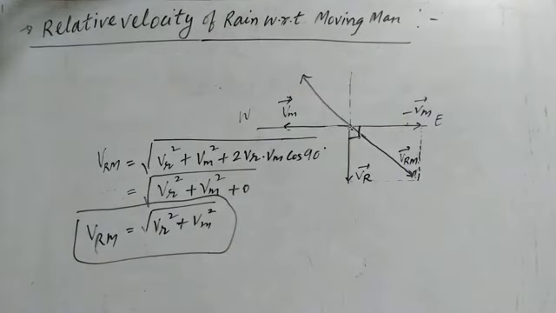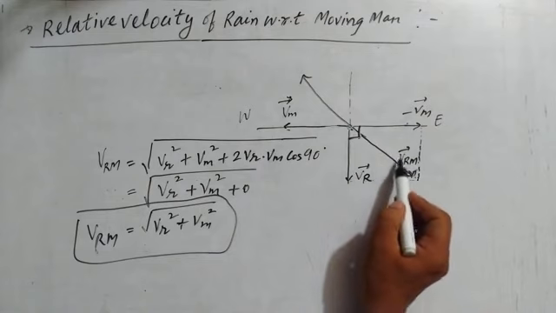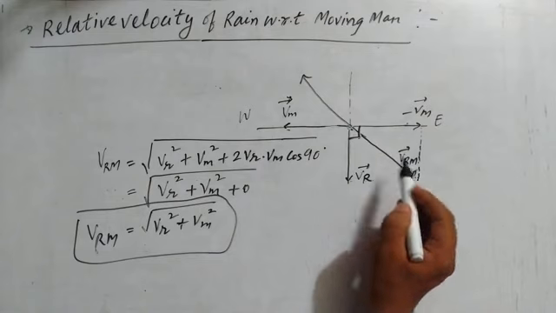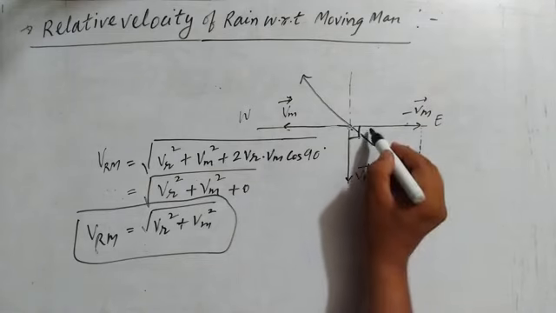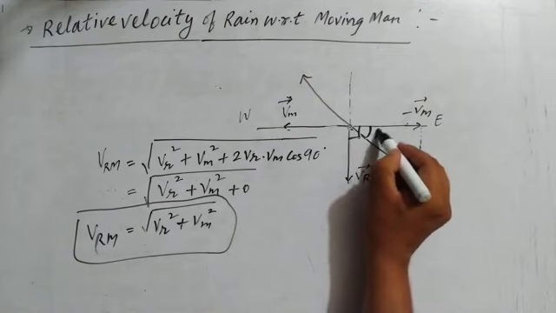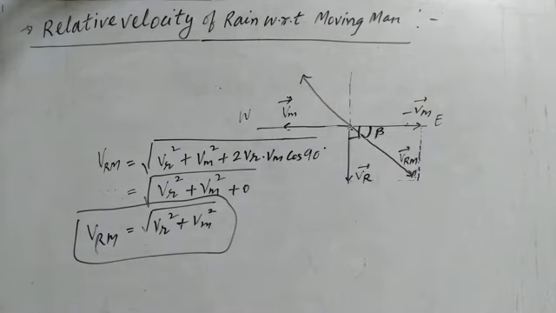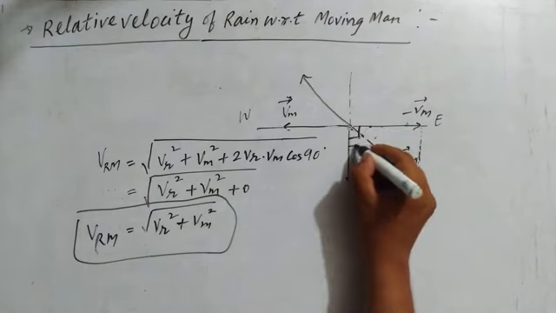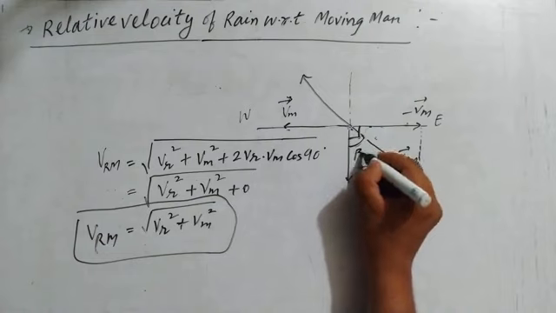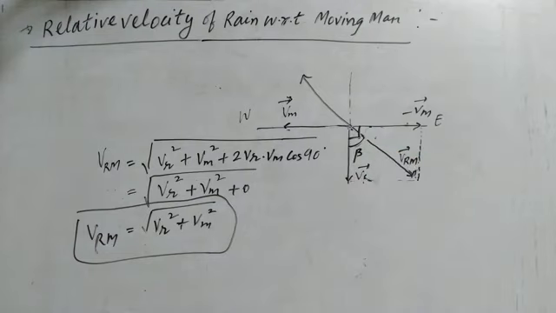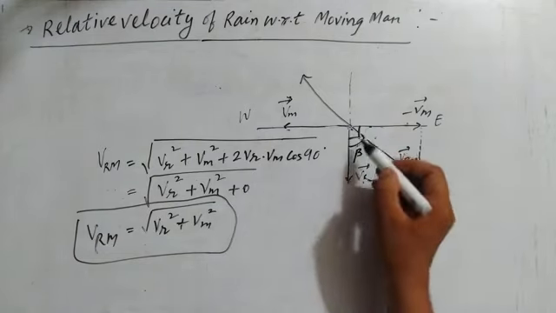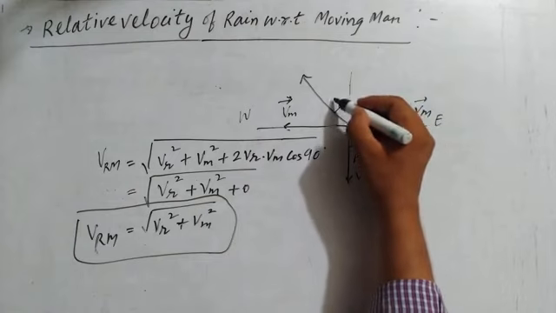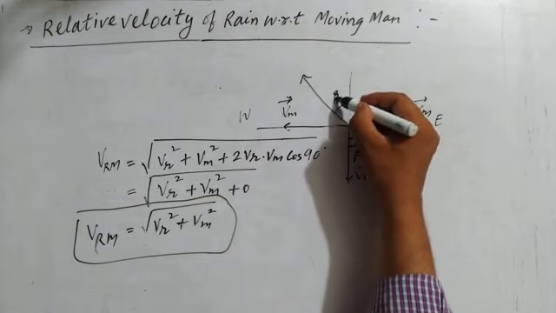So we can say if this relative velocity, or the resultant velocity, makes an angle beta with the vertically downward direction, the same angle will be formed in the vertical direction. This is beta.